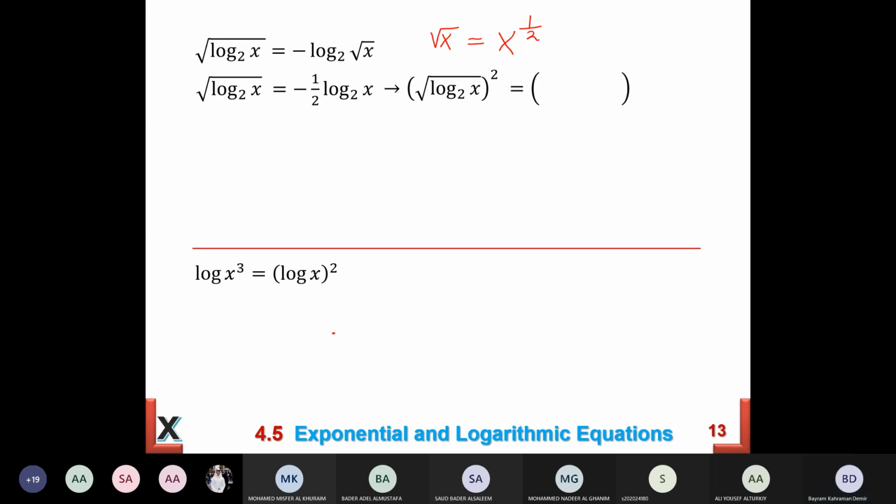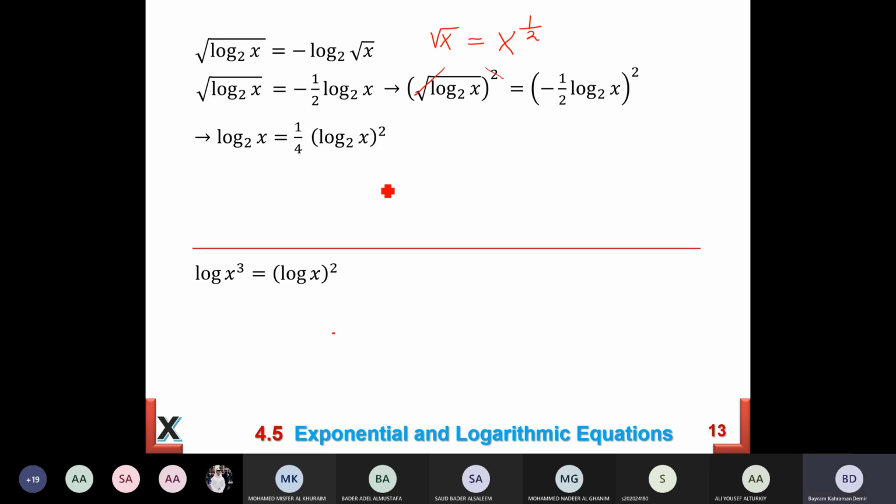So when we square both sides, clearly this square root will be cancelled by the square, right? And the square of negative 1 over 2 will be 1 over 4. So you'll get 1 over 4 times square of logarithm x.